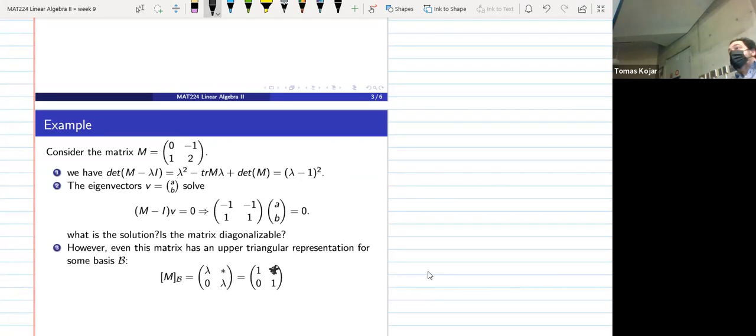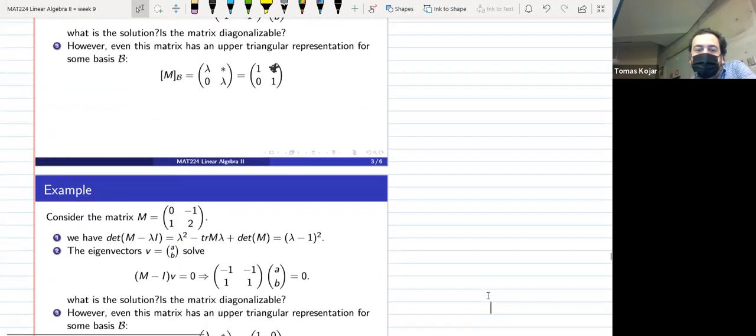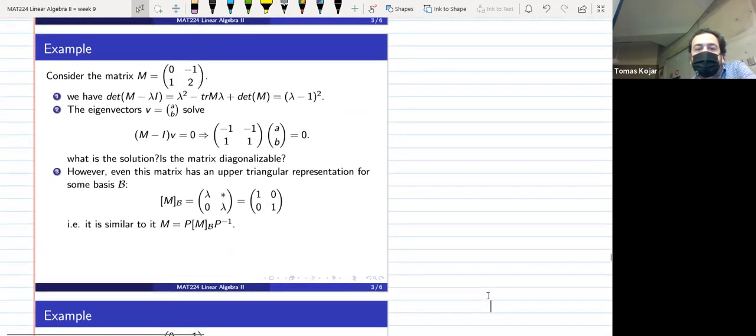So we can prove a result, right? That theorem we talked about, that you can always find a basis B so that you can represent your matrix M in upper triangular form, where you put the eigenvalues on the diagonal. In other words, you can write M in that form.